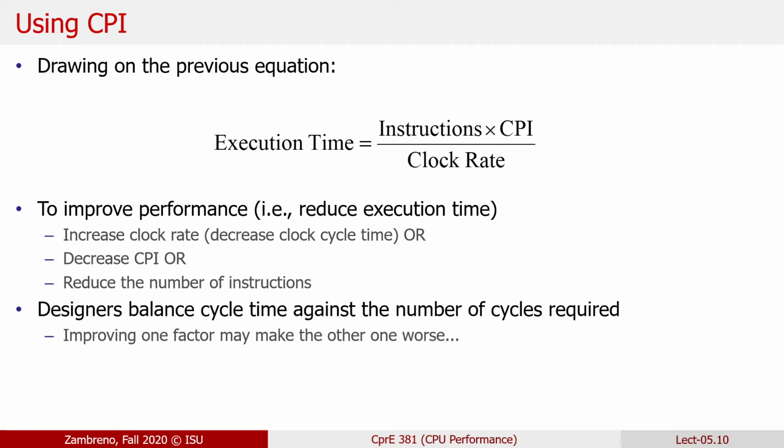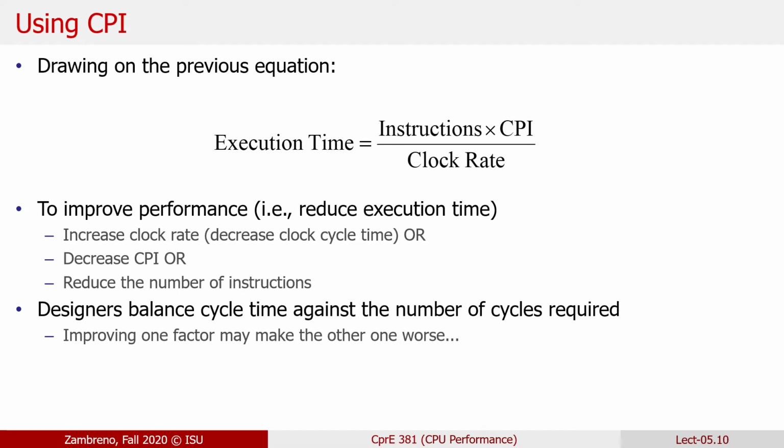So if our goal is to improve the performance of something, we don't have to be vague about it anymore. To improve the performance of something, that means lowering the execution time. Less time is better. We want it to take fewer seconds to execute a given application or set of applications or benchmark of applications.